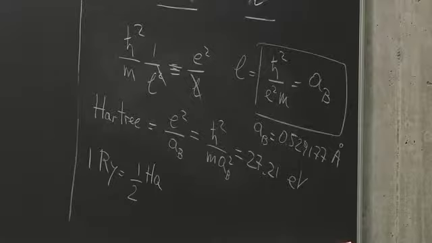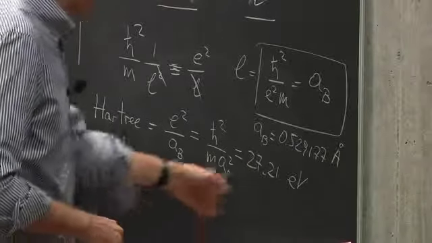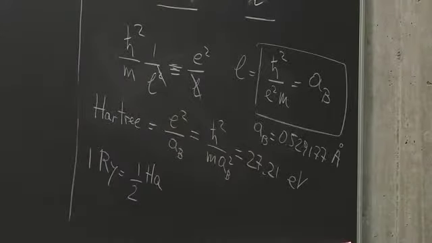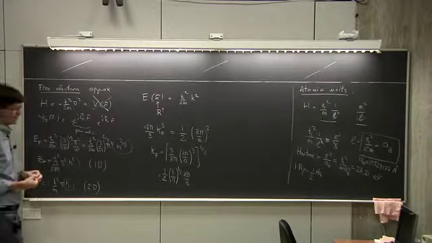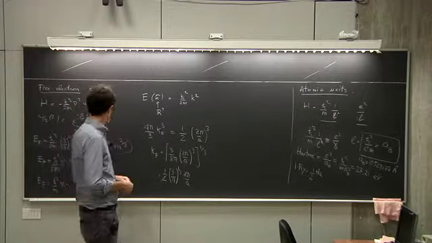I don't want to add more mathematics into this, but I just want you to keep in mind that there are some natural scales in the problem that we can use to express our quantities in dimensionless terms, assuming that the scale of energy and of length are given by these natural units. If we replace those natural units, everything becomes much more natural, and we assume that we are expressing everything in those natural units.